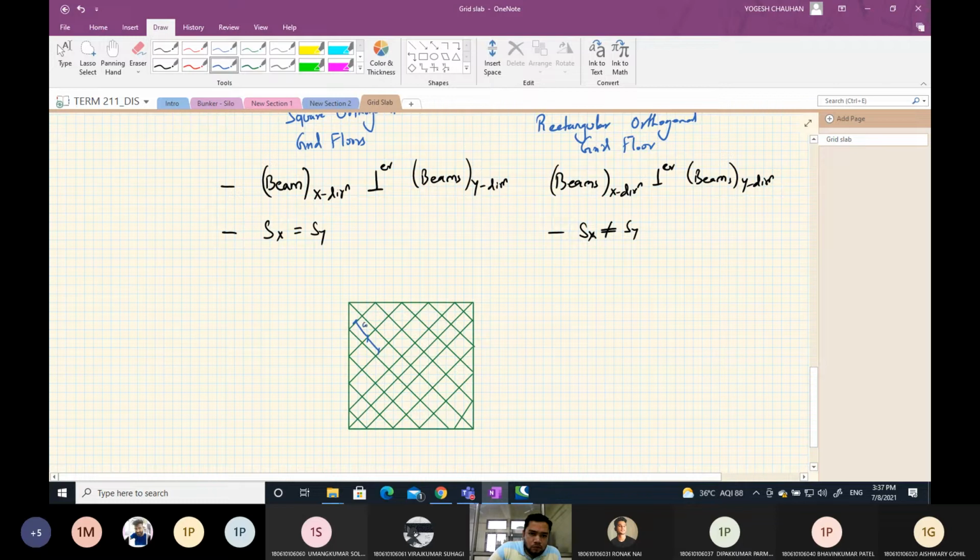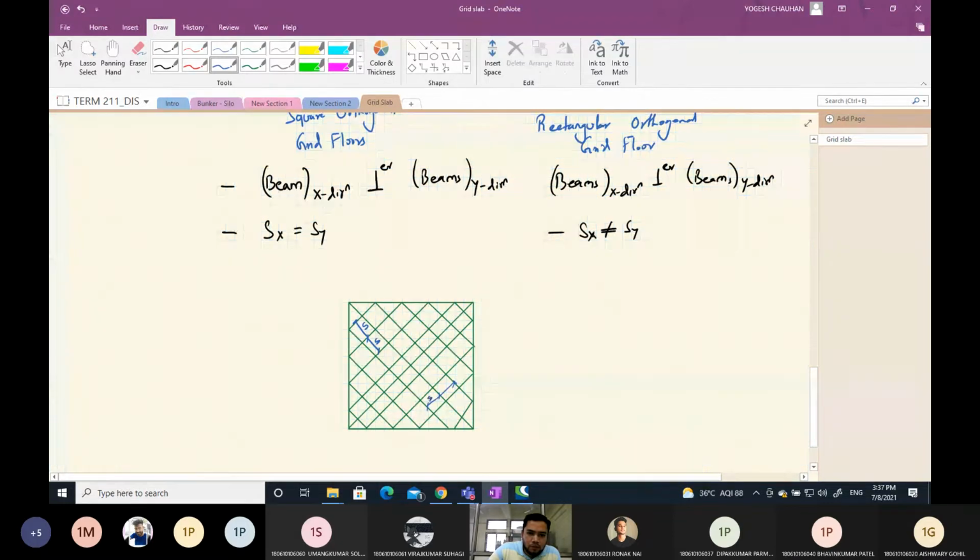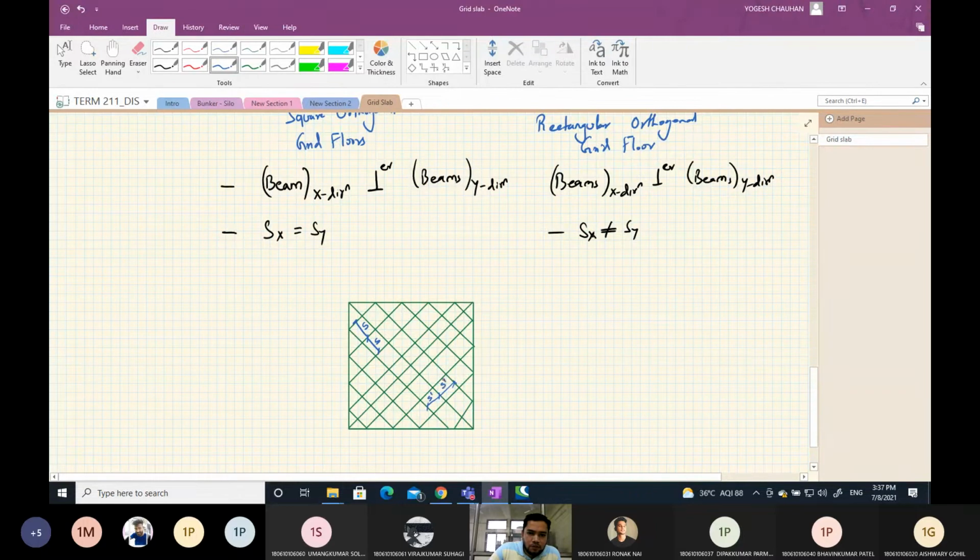So let us say this is S, so this is also S. Same way, in perpendicular direction, let us say this is S dash, this is also S dash.